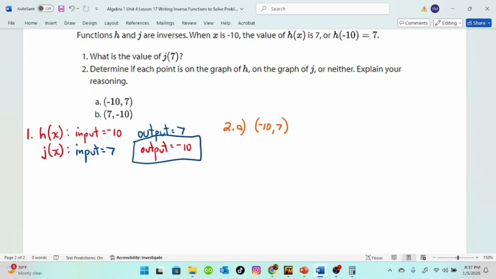Well, that matches h of x because the input equals negative 10 and the output equals 7. And that matches exactly what we saw on h of x.